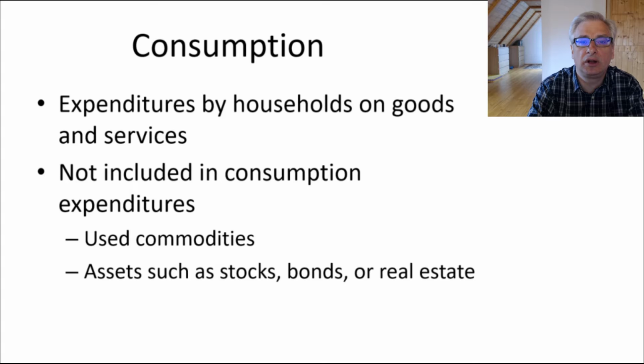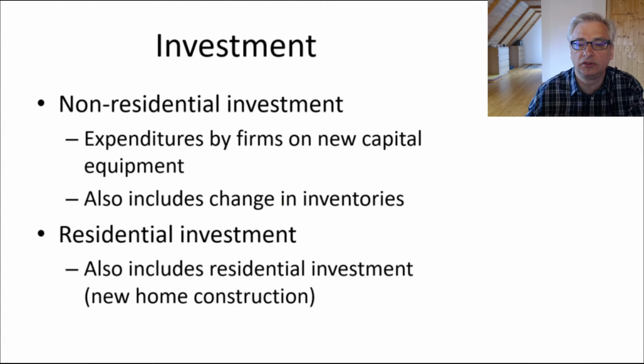The similar reasoning applies to stocks, bonds, and real estate. We do not include them in consumption expenditures. Investment. We've got non-residential investment, which is expenditures made by businesses on new capital equipment.